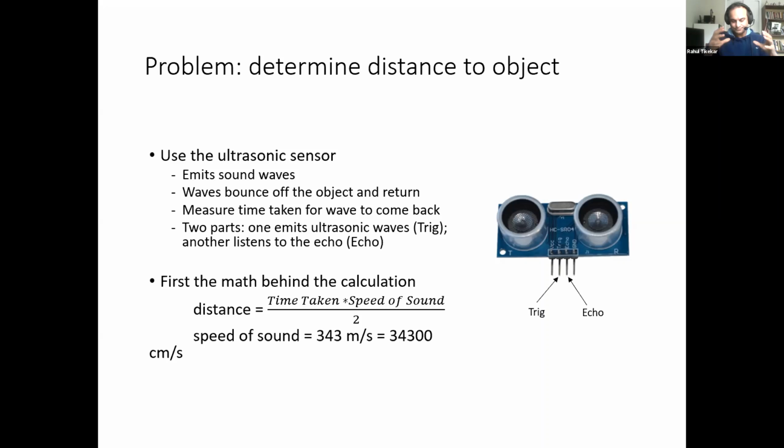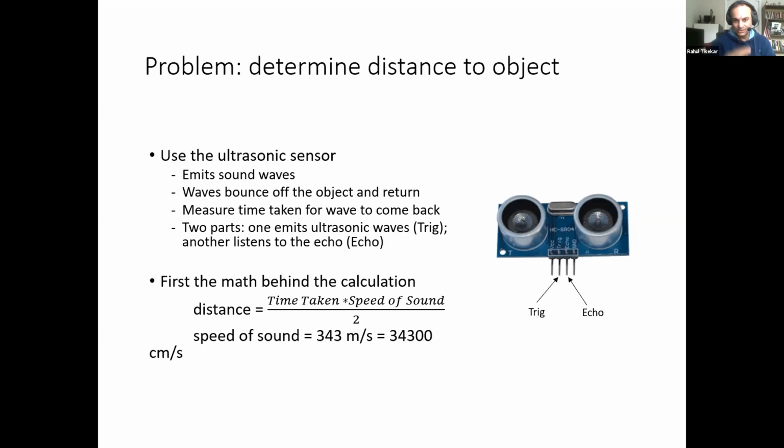So now you're going to try and formulate an algorithm. But first you need the math. Remember, I said you need the math to do something. And what is the math here? The math is you're trying to compute the distance. And how are you going to compute the distance? Well, you're going to measure how long it took for a sound wave to go hit an obstruction and come back.